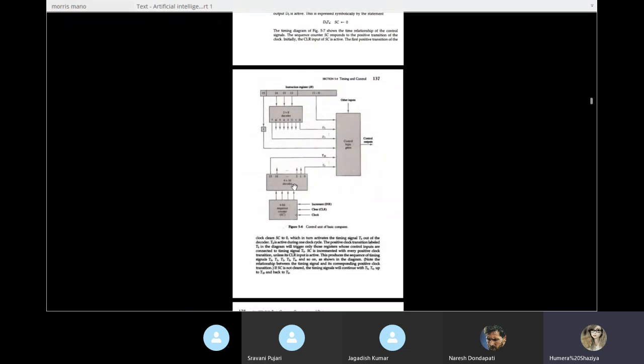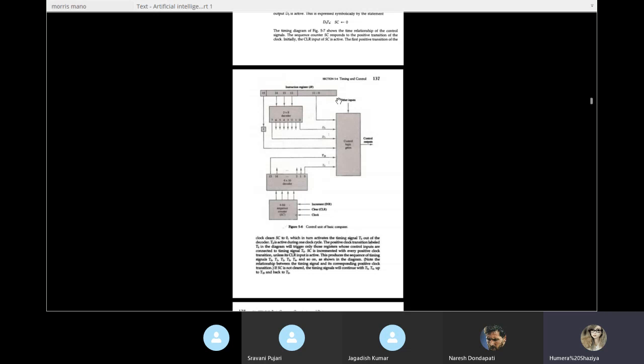See, you try to understand this control unit with respect to instruction cycle execution. Then you will understand more clearly. So when it generates T0, transfer of PC into AR takes place. When it generates T1, some other operation takes place. When it generates T2, some other operation takes place.